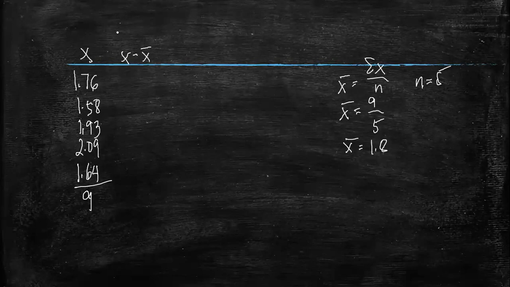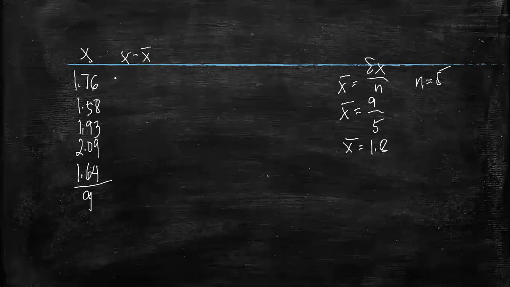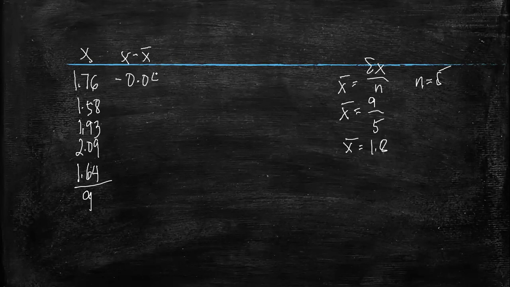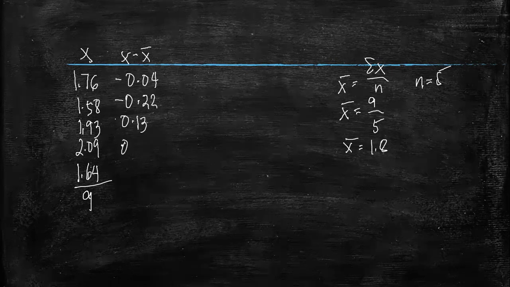So, isubtract natin yung isa-isa sa ating mga data na binigay kanina. So, we have, diretso na ako ha, negative 0.04, negative 0.22, and then 0.13, 0.29, and negative 0.16.